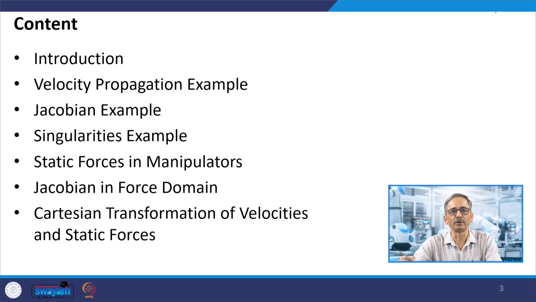Initially, I will introduce the topic, then we will see the velocity propagation example, then the Jacobian example, singularities example, then static forces in manipulators, Jacobian in the force domain, and finally how we can do the Cartesian transformation of velocities and static forces.